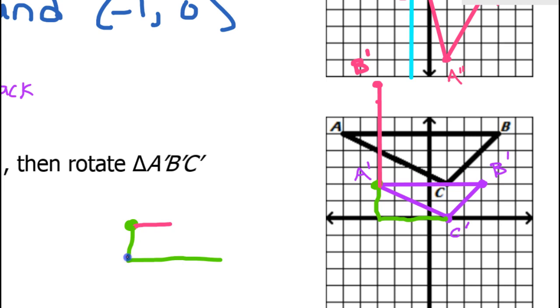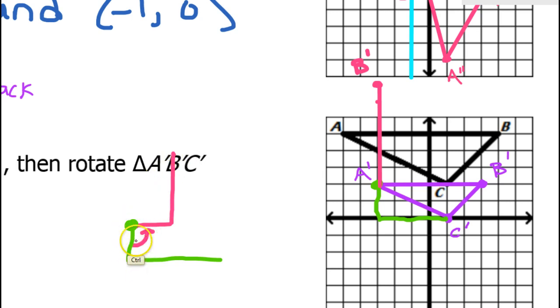That went from straight down to the right. So there, I've rotated that 90 degrees. That's the short piece. Now we can just draw the rest of the L. The long piece of the L is just going to be like that. So this is what it will look like if we rotate this L 90 degrees.